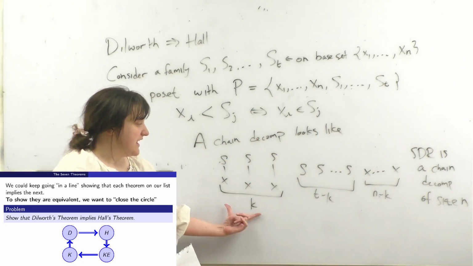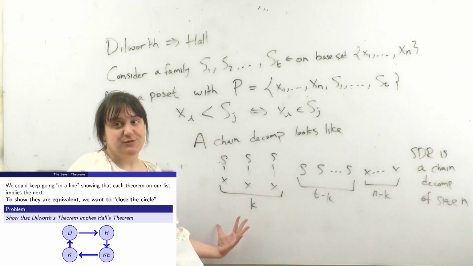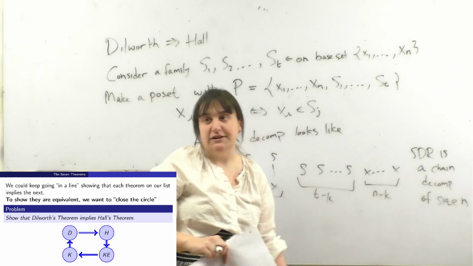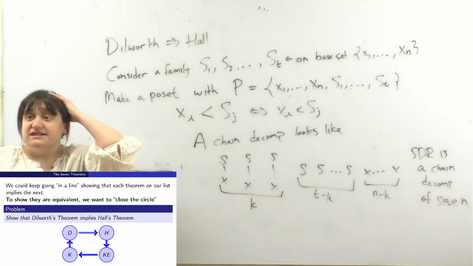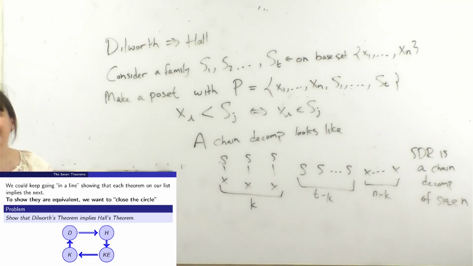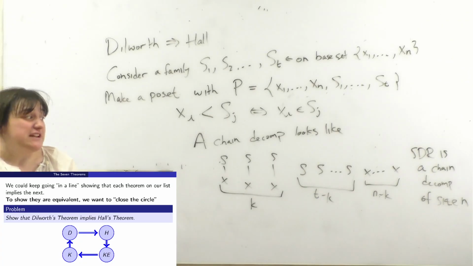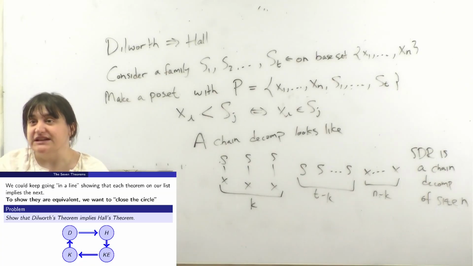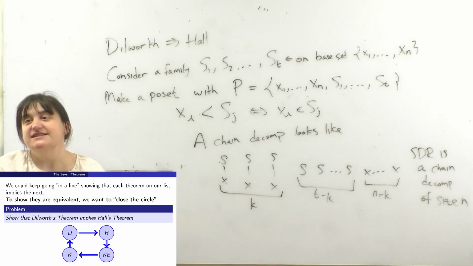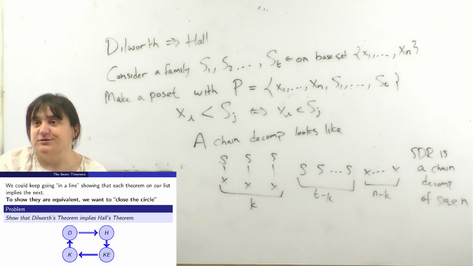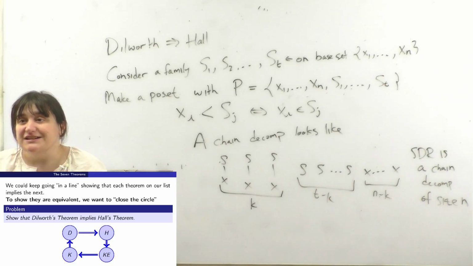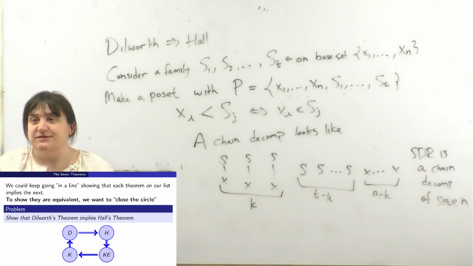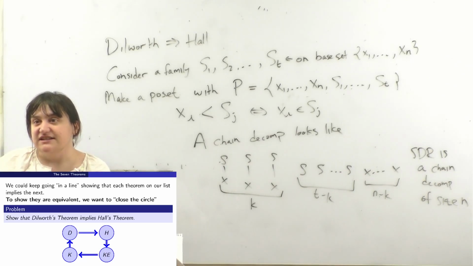I have k here, 0 here, so k is equal to t, and then maybe some elements left over. So it suffices to show that I can find a chain decomposition of size n if and only if Hall's condition applies. And why is Dilworth's theorem useful here? The size of a chain decomposition that I can find is the same as the size of the biggest anti-chain that I can find.